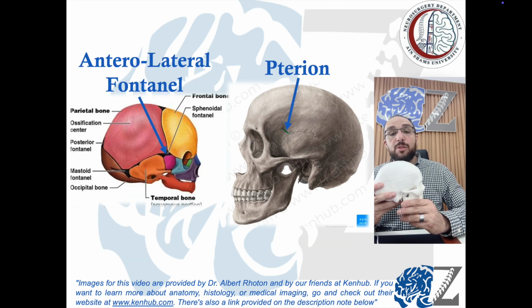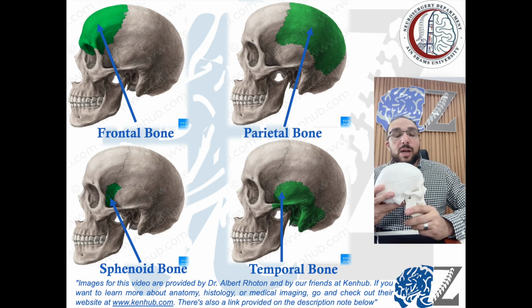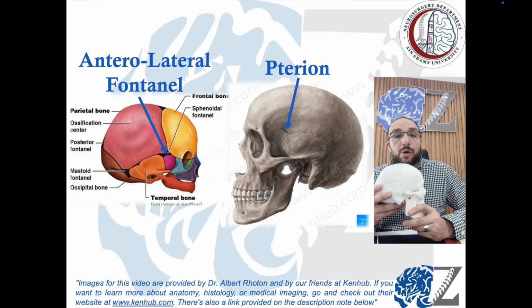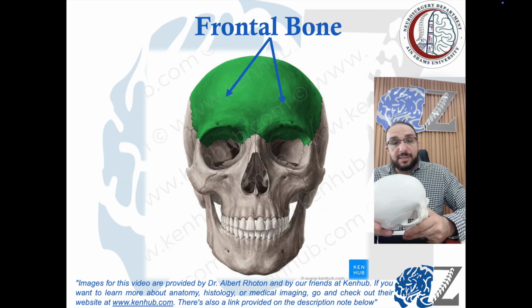And I now know the pterion, which was once the anterolateral fontanelle or the sphenoidal fontanelle. In this point, four bones fuse together: the frontal, parietal, temporal, and sphenoidal bones. How amazing is that?